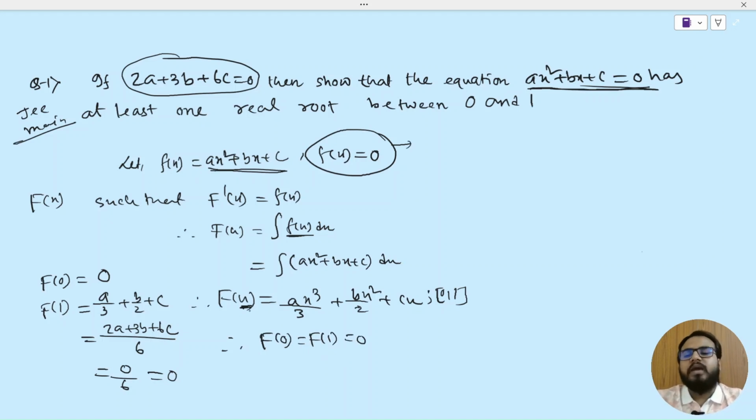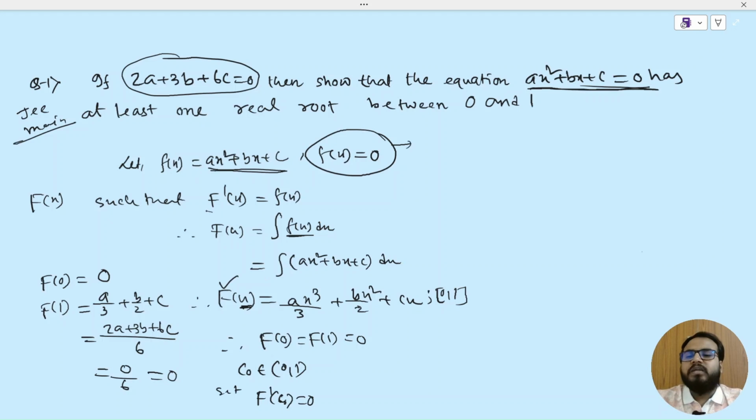That means capital F of x satisfies all three conditions of Rolle's theorem. So according to Rolle's theorem, there must exist a point c naught belonging to the open interval (0, 1) such that capital F dash c naught equals 0.